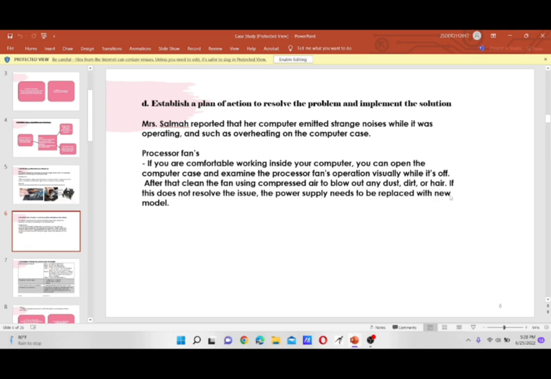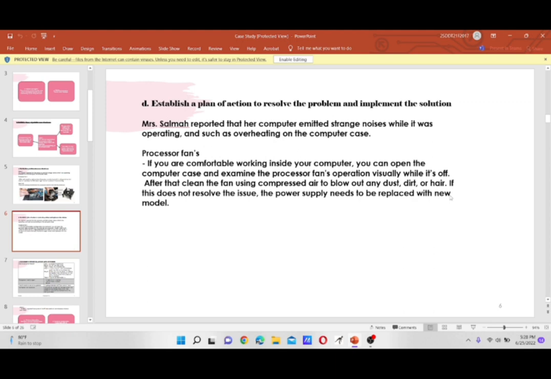Establish a plan of action to resolve the problem and implement the solution. Miss Salma reported that her computer emitted strange noise while it was operating, and such as overheating on the computer case. Processor fans. If you are comfortable working inside your computer, you can open the computer case and examine the processor fans operating visually while it's off.